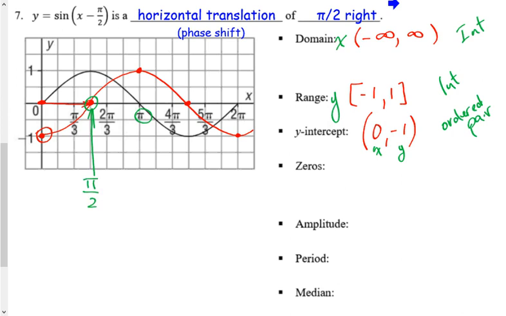And then I look to see how far apart they are. From here to there, 6 grid lines, that was pi radians. So I'm going to add multiples of pi to it. So my zeros are at pi over 2 plus k pi, where k is an integer. Any questions with the zeros?